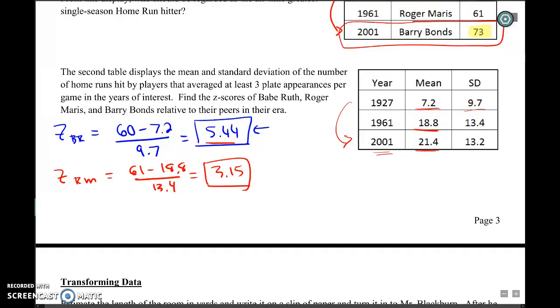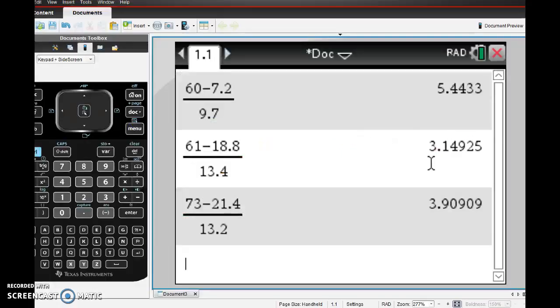So Roger Maris hit over 3 standard deviations above the mean, which is still pretty fantastic, but nothing compared to this. And Barry Bonds hit 73 home runs. However, people hit a lot more home runs in his era. Still an amazing performance. 3.91.